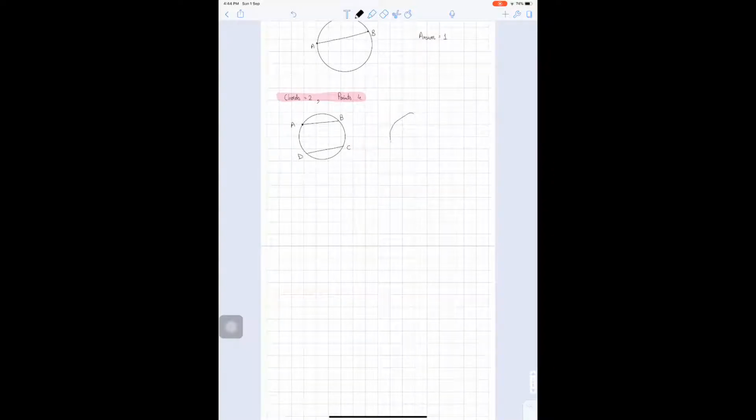Now let's see. If we draw a chord from A to C, that will result in intersecting chords, right? So we cannot draw it.